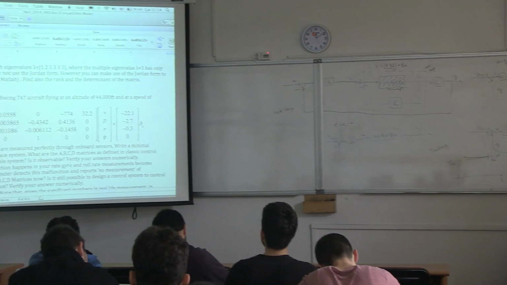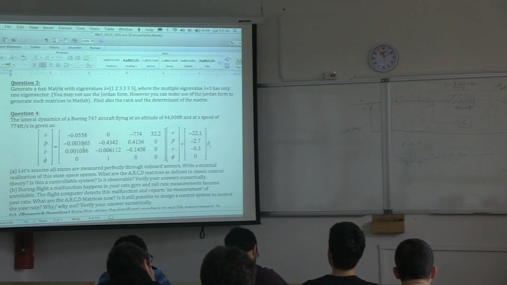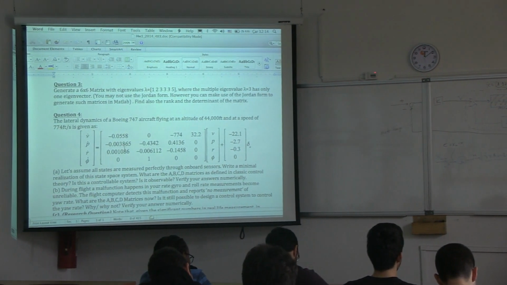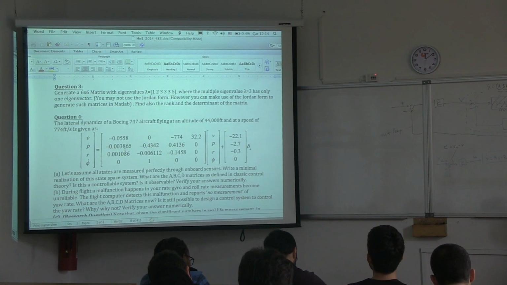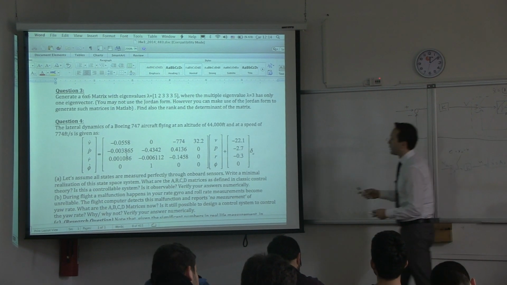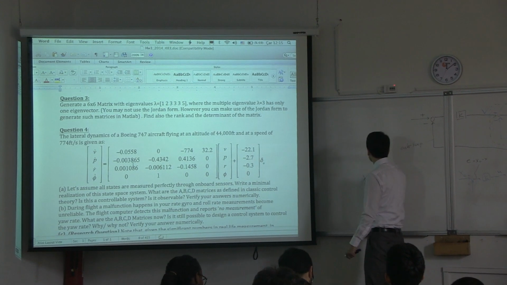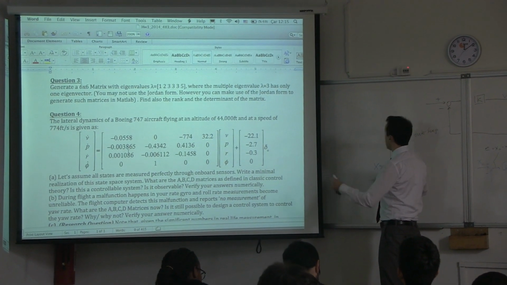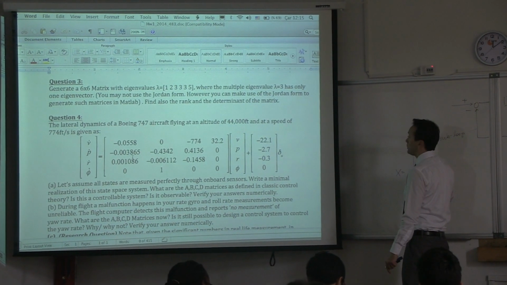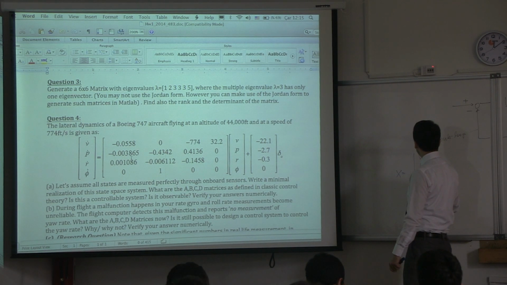This is the example I would like to use. So this is the lateral dynamics of the 747. So we have 4 states: v dot, p dot, r dot, and phi dot.